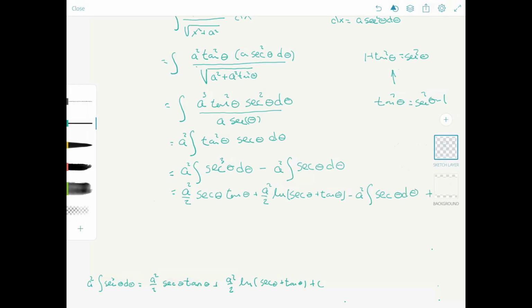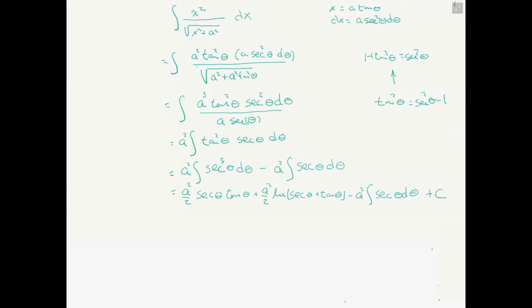Now, I'm just going to erase this result. And okay, now all we're left with is the integral of the secant of theta. And that's something that we solved already.